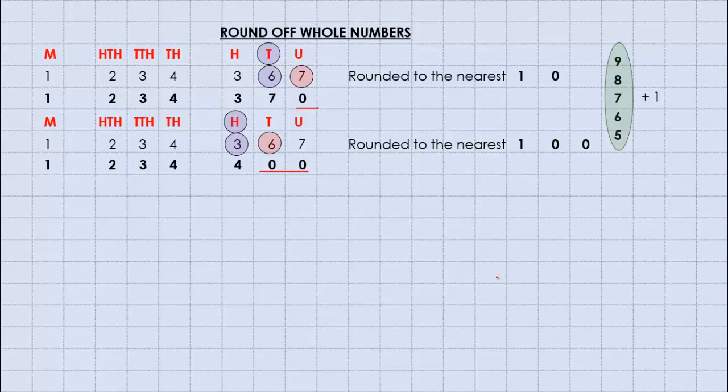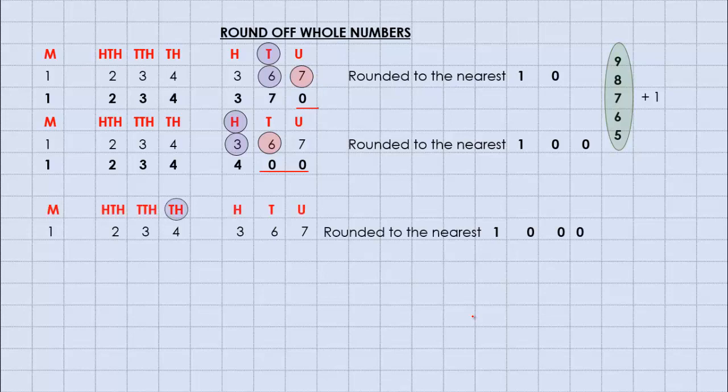Now let's go to the next number. We're going to look at 1,234,367 rounded off to the nearest 1,000. Again, we look at the 1,000 value, and we use the number after that, which is our 3. But our 3 is below 5, so here we don't add anything.